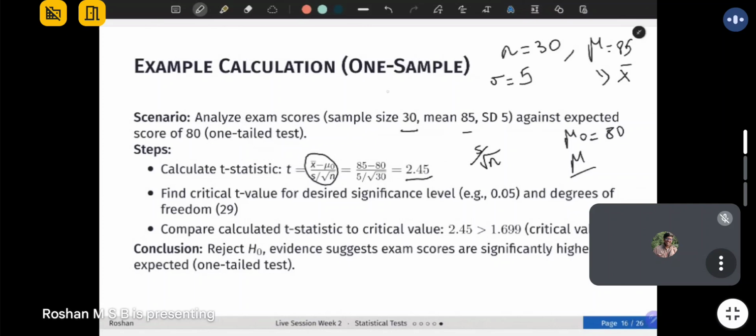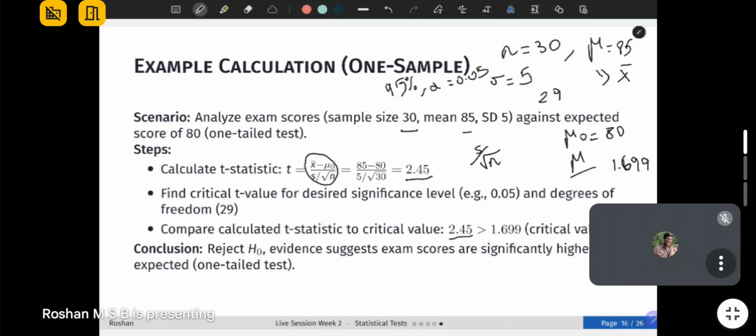My desired level of confidence is 95%, so my alpha will be 0.05. What are the degrees of freedom? How do you calculate it? It's n minus 1, so that will be 29. Based on this, my critical value is around 1.699, and the calculated value is around 2.45.